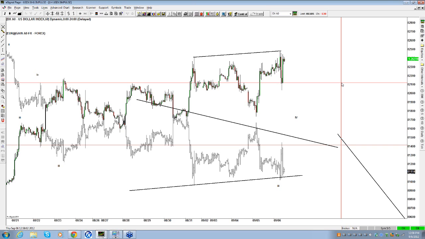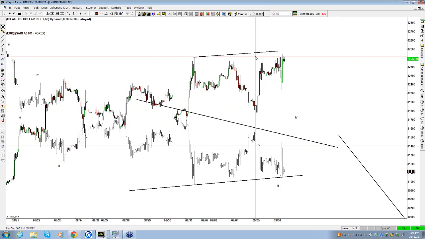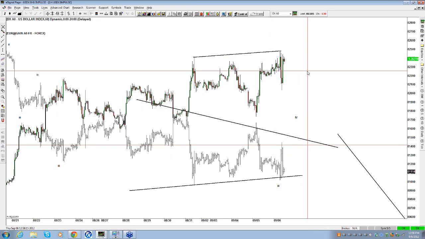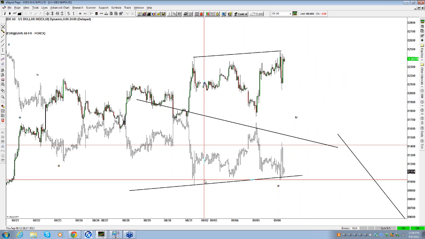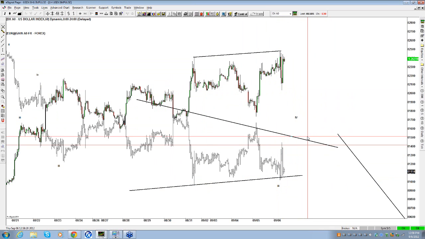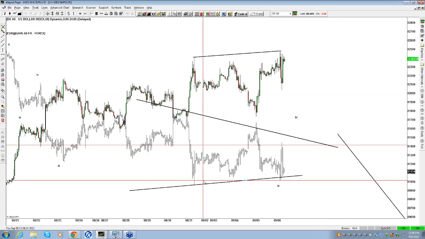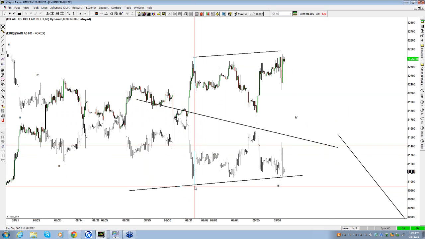But at the end of the day, I know that it's lacking momentum. It's lacking momentum, and either the euro is on the flat or the dollar is leading. What I'm saying with the dollar is leading is that maybe the dollar ended the cycle here.